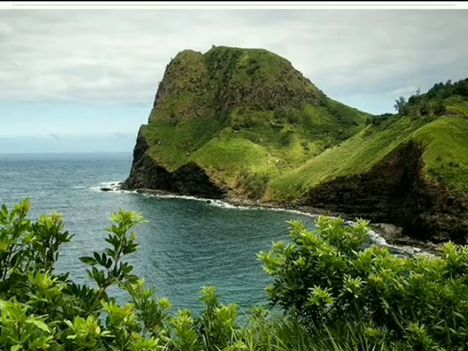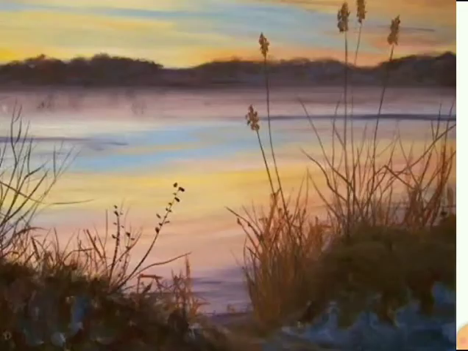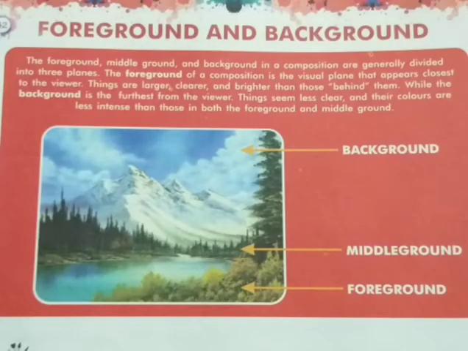In the same way, when we draw a painting, the view which is nearby us is called the foreground. That we will make very dark in color and in detail. Then the middle ground. You can see the arrow is given in the middle ground, where water and trees are shown in the middle part of the painting.